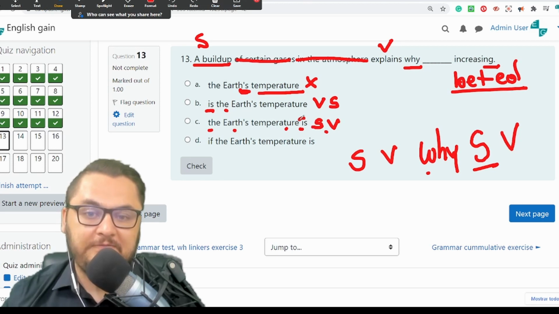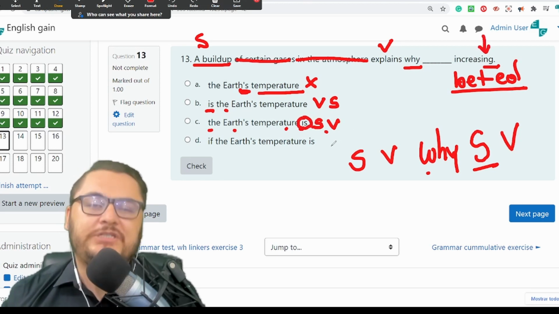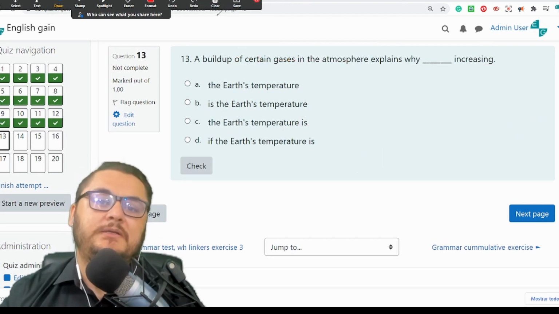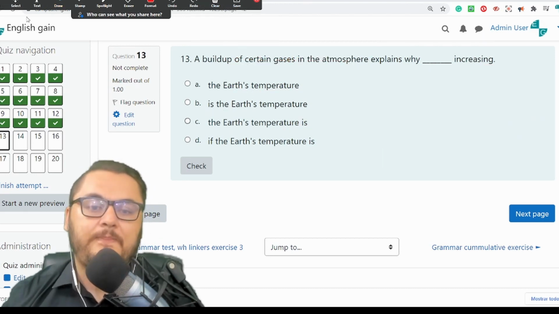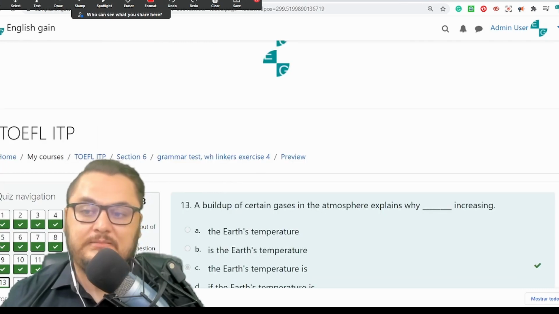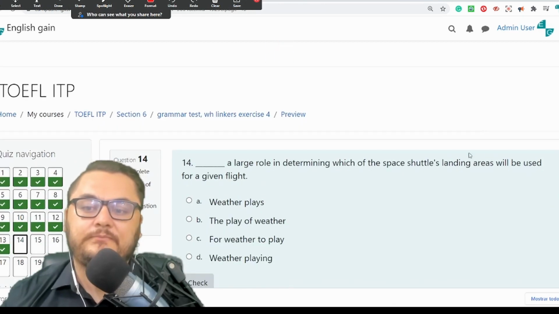And this is the be verb, the to be here, the one I need with ing in order to form, in this case, ing. And this is going to be what I'm looking for. So I'm going to use it. The earth's temperature is increasing. And I'm going to choose this one.